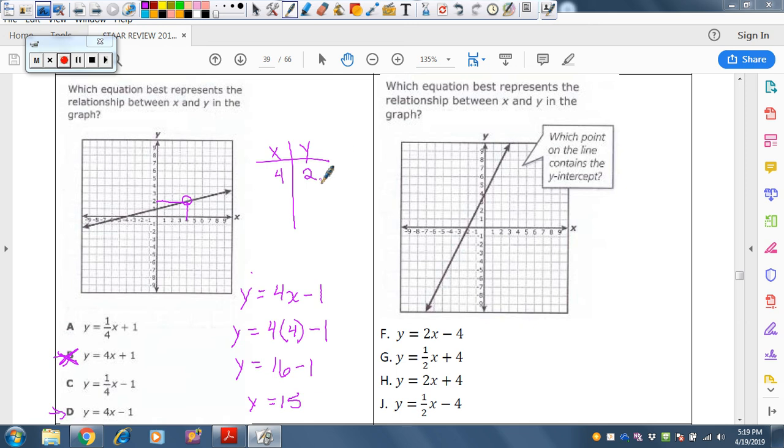Is that right? Nope. You've got 2 left. Remember, multiplying by 1/4 is the same as dividing by 4. So you don't have to multiply by 1/4. You can just divide by 4.